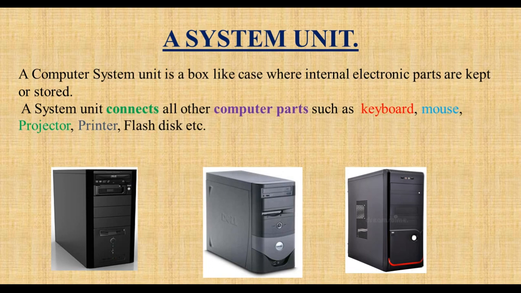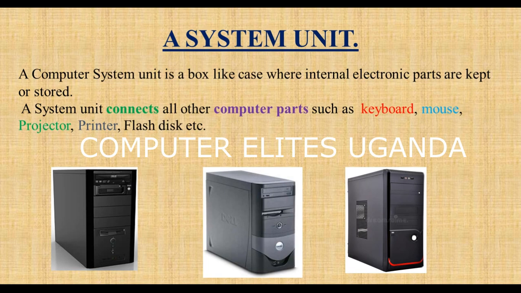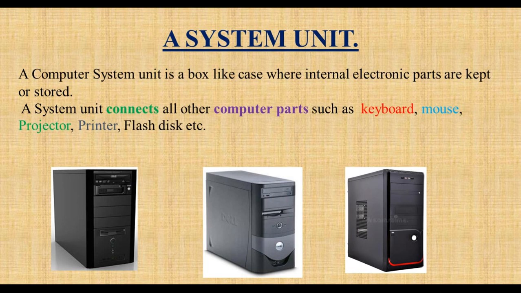Sometimes you can also call it the computer case, and it is where we connect all other computer parts, those parts that we connect from outside, all the external devices of the computer, say a keyboard, a mouse, a projector, a printer, all those peripheral devices, we connect them onto the system unit.